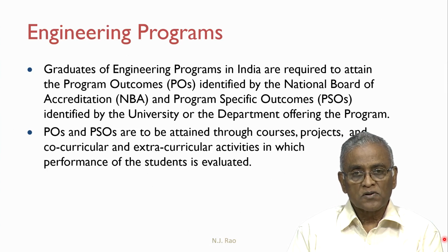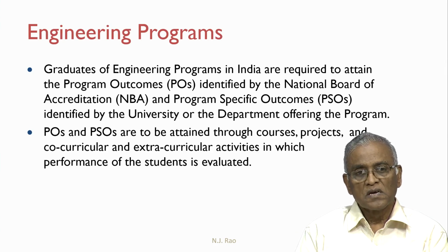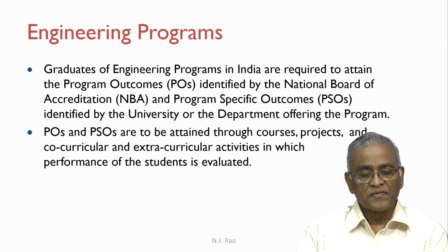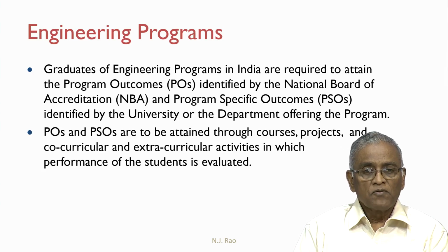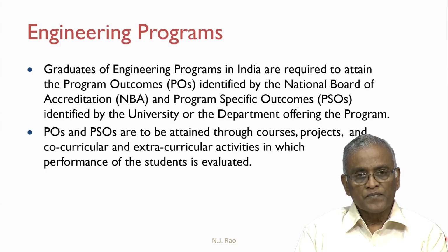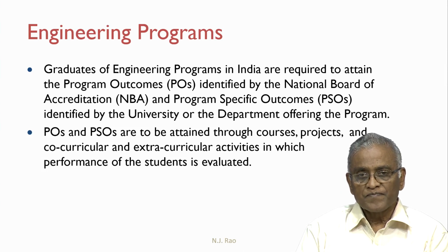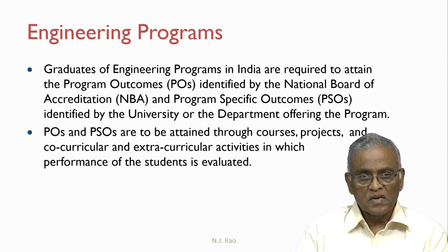In an autonomous institution, the department and its board of studies decide, whereas in a non-autonomous institution the board of studies of the university identifies the program specific outcomes. POs and PSOs, as we call them, are to be attained through courses, projects and co-curricular and extracurricular activities in which the performance of the students is evaluated.